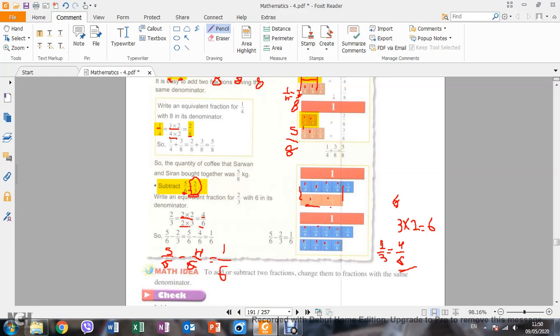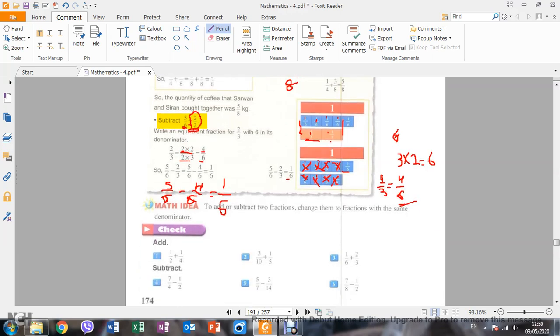Look, this cell, remove this one, this one, remove this one, because this is minus. Only this one stays, 1/6. So our answer for the subtraction is 1/6. Okay, that's all.